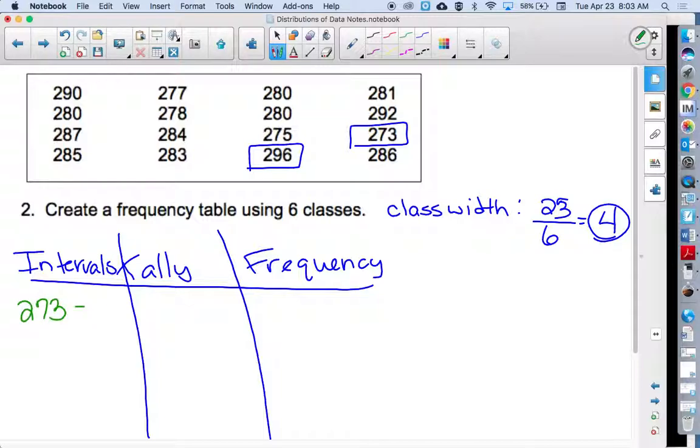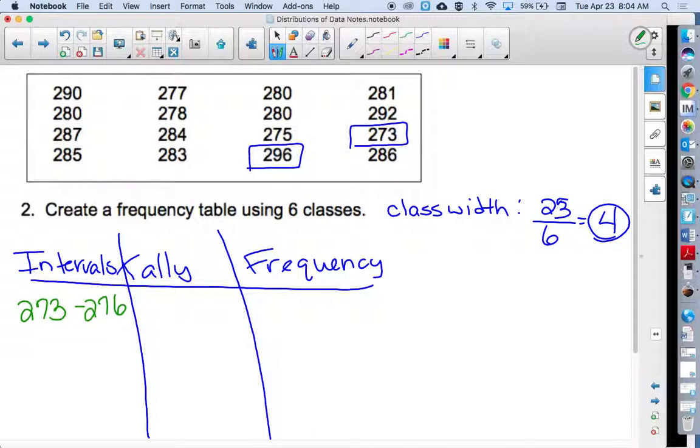Now here's the tricky part. It contains 4 numbers, including 273. That's the first number. So what would our interval go up to if the class width is 4? That means it has to include 4 numbers in its width. Odette? 276. So when you're looking at that, you're saying, yeah, but the width, if I subtract those, is only 3.